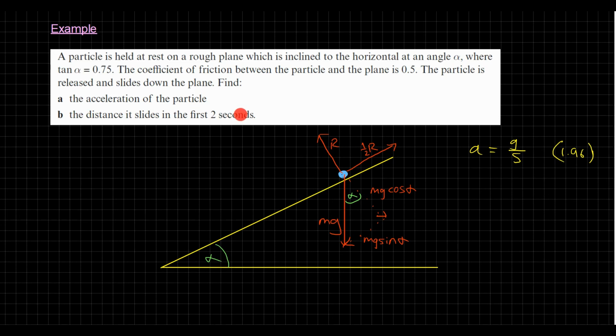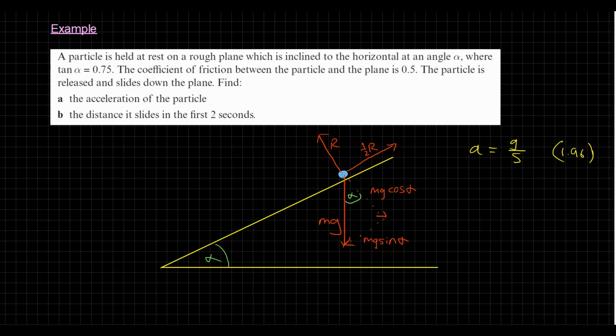So this is effectively a SUVAT sort of scenario, right? We're talking about something moving in a straight line, and we know the acceleration. We're going to find how far it moves in 2 seconds, and we can do that because it's constant acceleration, right? So with constant acceleration, you can use the SUVAT equations.